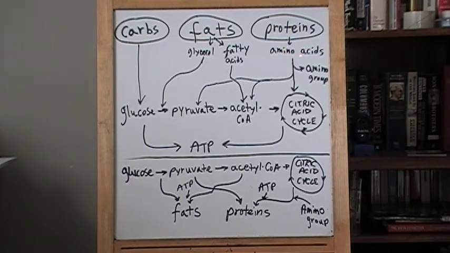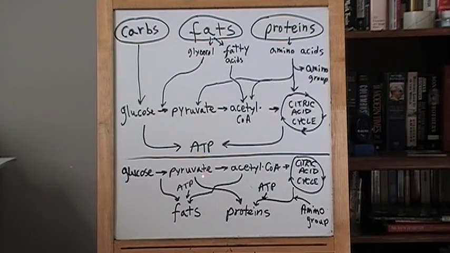And what remains of the amino acid after removing the amino group can become the citric acid cycle intermediates. And also some can form the acetyl groups and even pyruvate. So by this way, the other kinds of foods, fats and proteins, can enter these pathways to produce ATP.